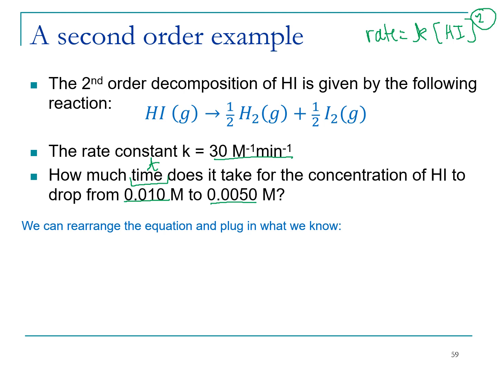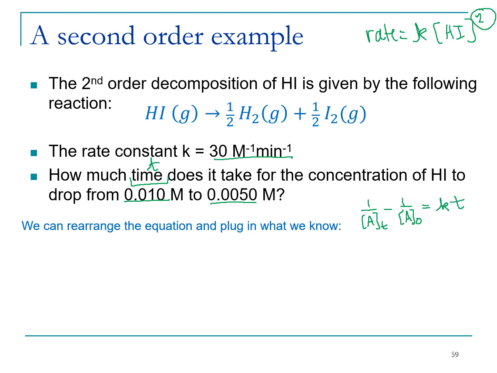So in this case, we're looking for time. So let's just write that equation, 1 over A_t minus 1 over A naught equals KT. So we're solving for T.